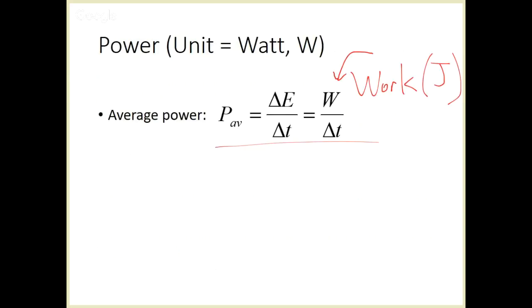So a few ways this could crop up. I can ask you, let's say my car accelerated from 0 to 60 miles per hour in 4 seconds, what is the power of my engine? You have to tell me in watts. Find the change in energy.